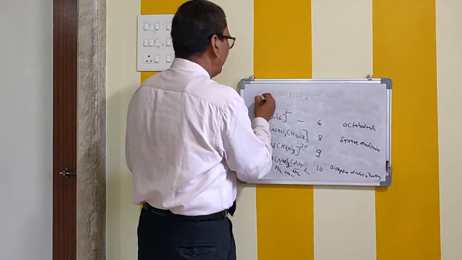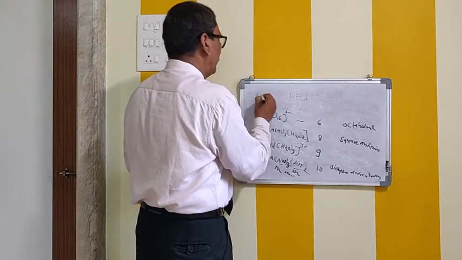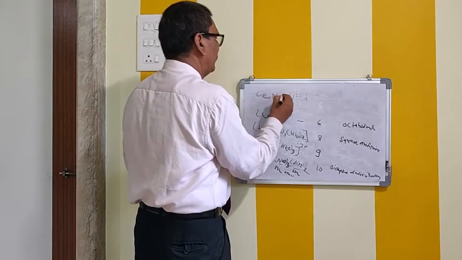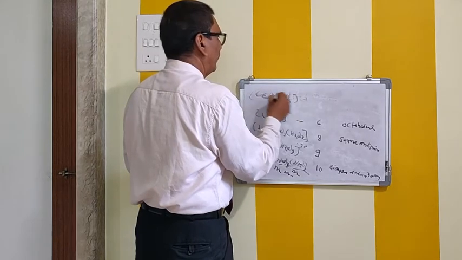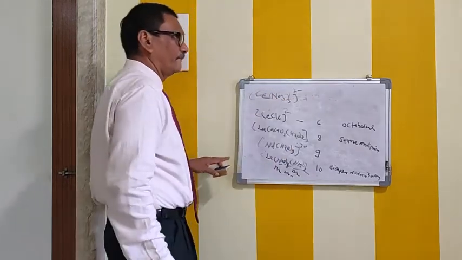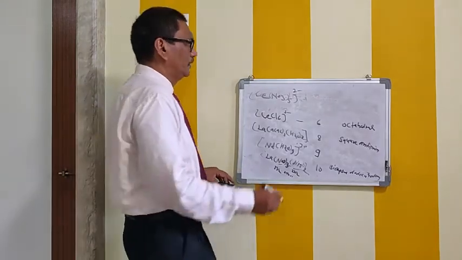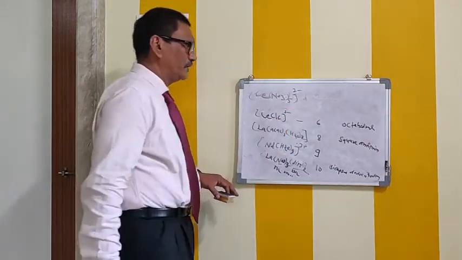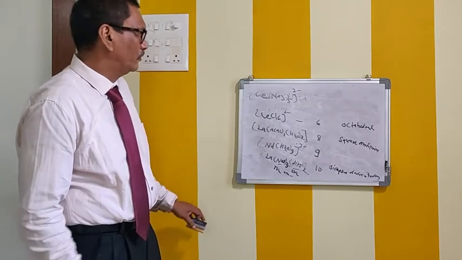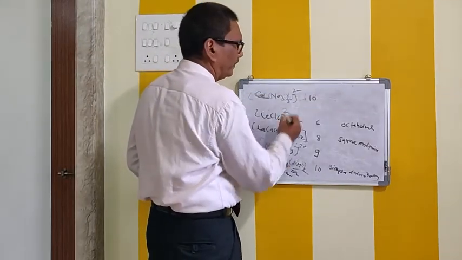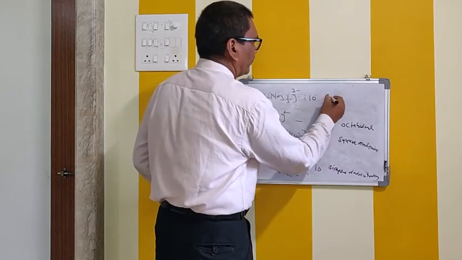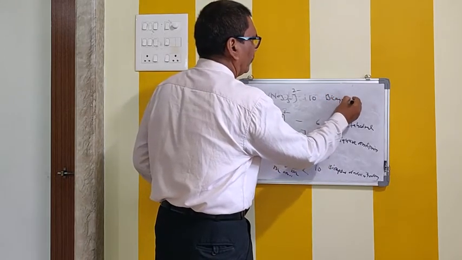Now if you take the cerium complex, Ce(NO3)5, 2-. And what is the coordination number here? NO3 will again be the bidentate ligand. So coordination number is 10. So again the geometry is the same, bicapped dodecahedron.